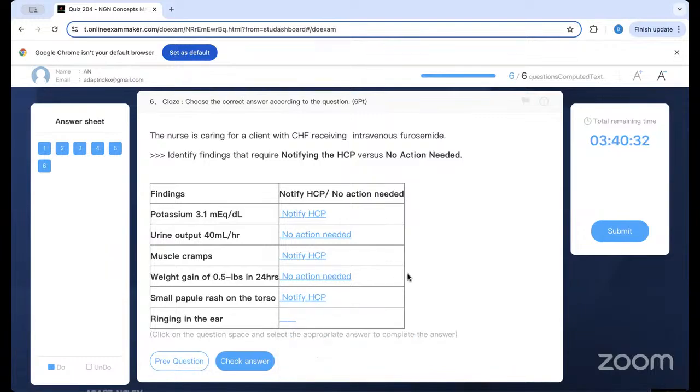Notify the doctor. If I see ringing in the ear of the patient, what would you do? Ringing in the ear is ototoxicity, one of the early signs of ototoxicity. If you get IV furosemide, let the doctor know.